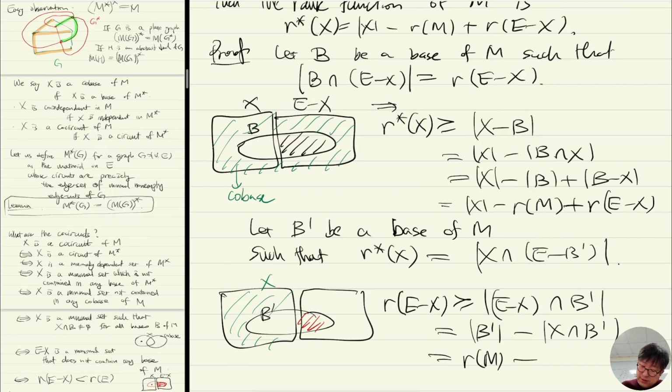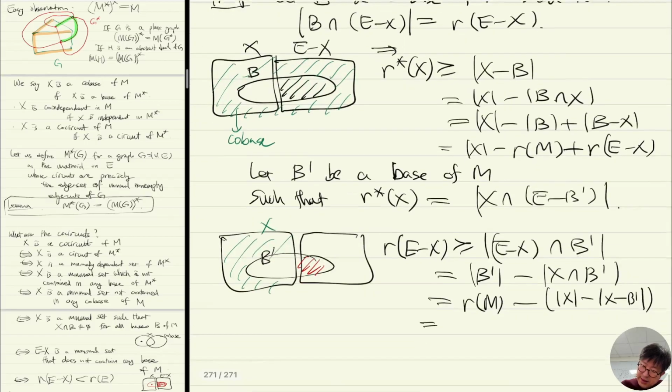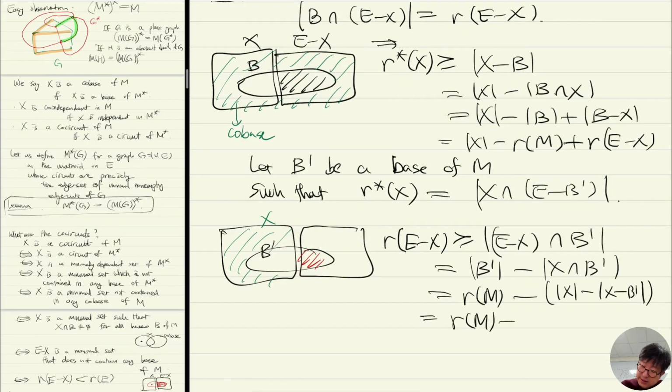Well, that is the same as the cardinality of X minus X minus B prime, right? And that is X intersection E minus B prime.